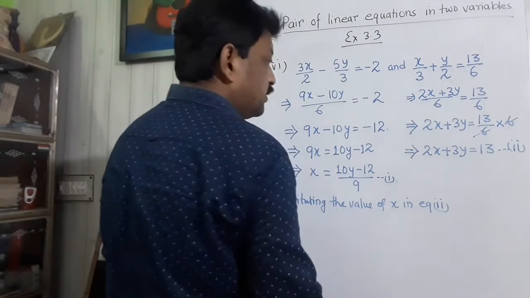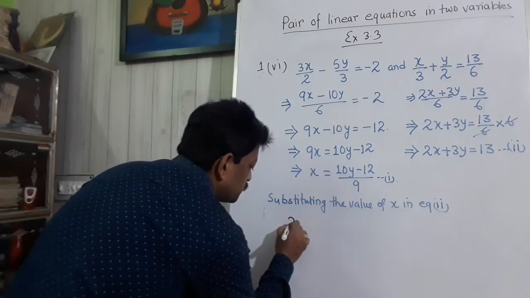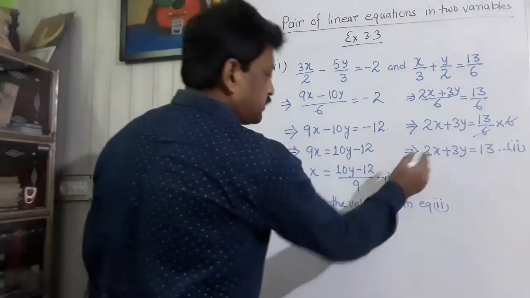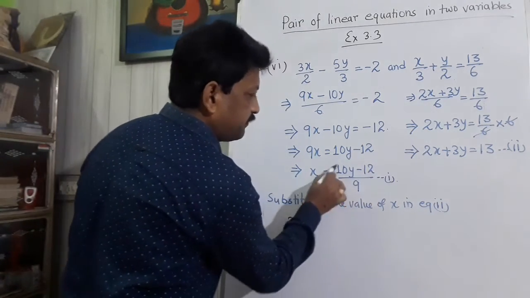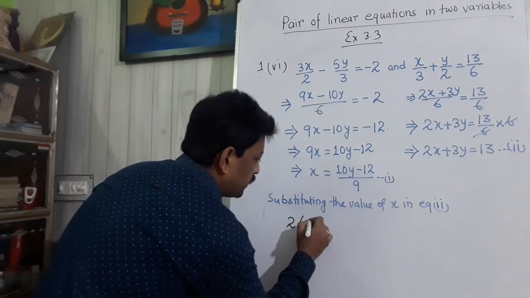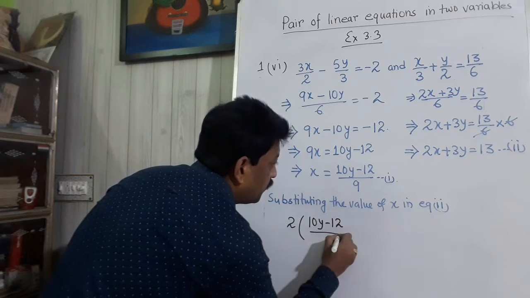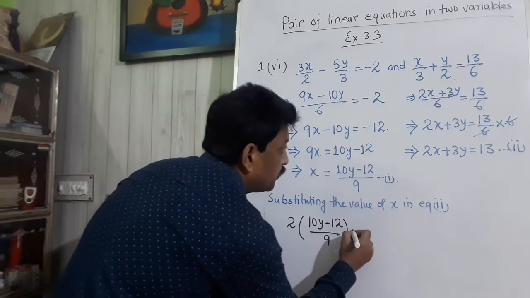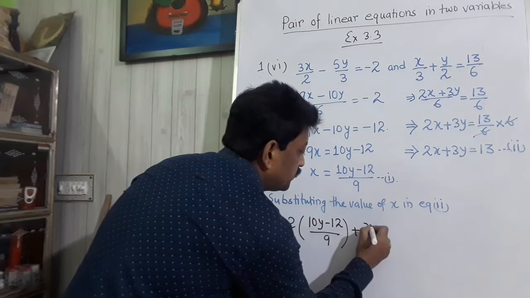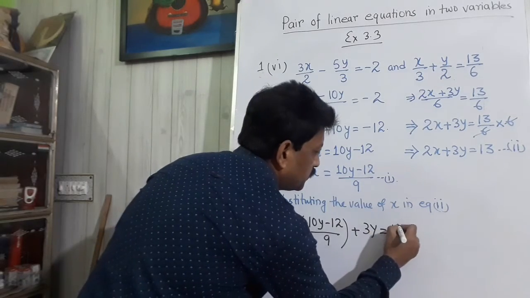So what is there in equation 2? 2x. In place of x, I have to write this one. This is the value of x. So write 2 times 10y minus 12 upon 9 plus 3y equals 13.